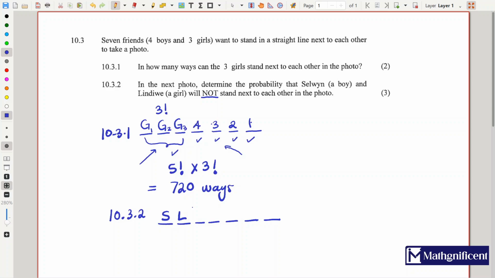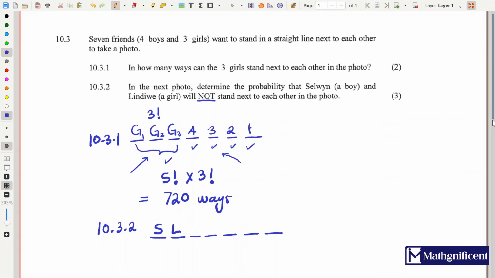So if I can find the probability that they stand next to each other and subtract it from 1, I get the probability that they don't stand next to each other. So this is what I'm going to do now.